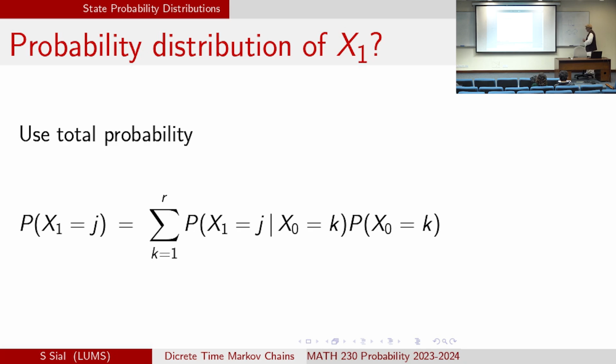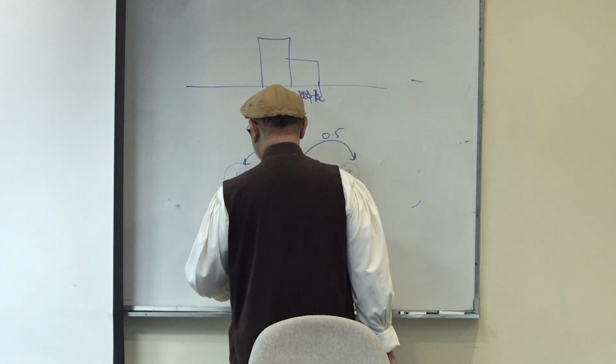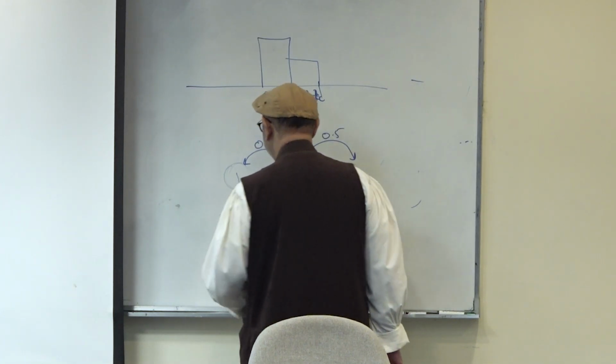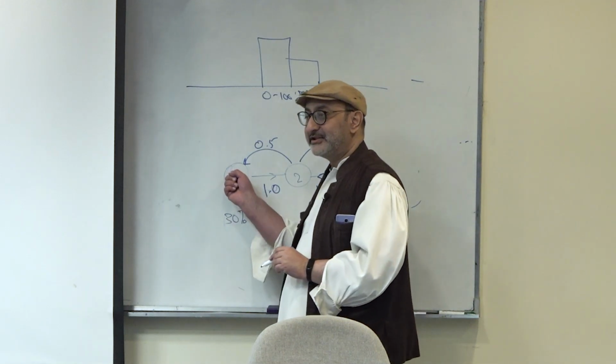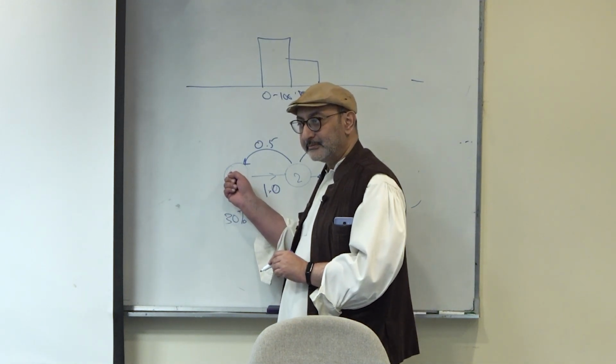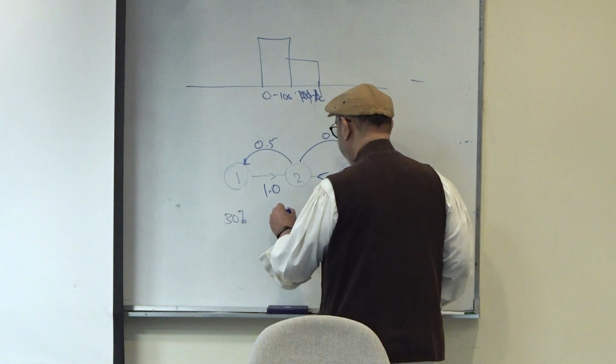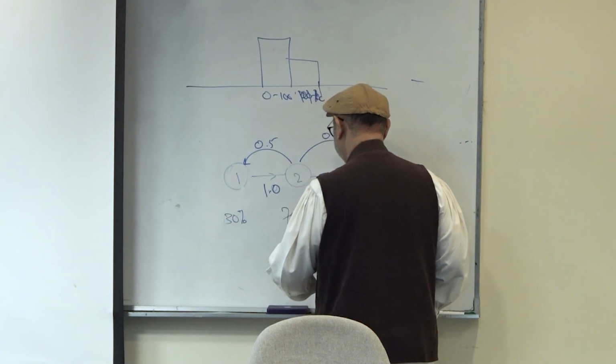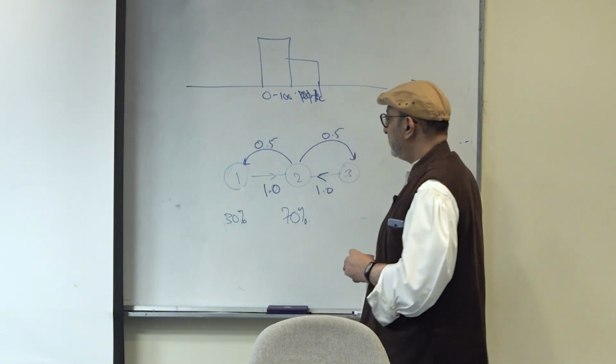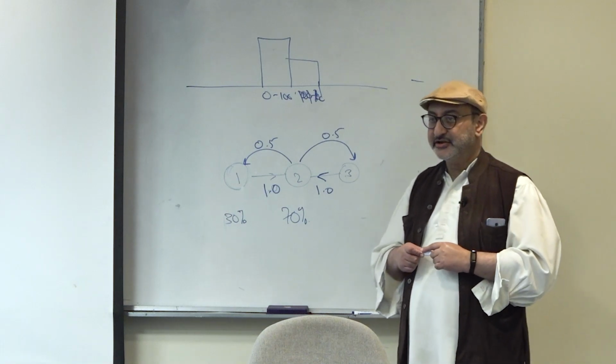Okay. Now, let's say that we start off randomly. What if 30% of the time we initialize with state 1, and 70% of the time we initialize with state 2?